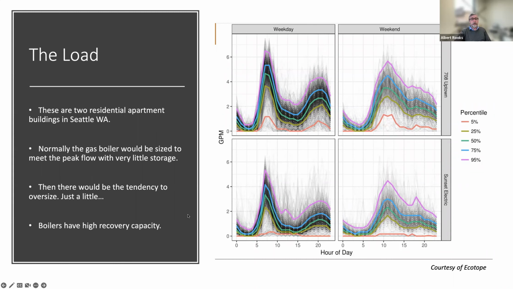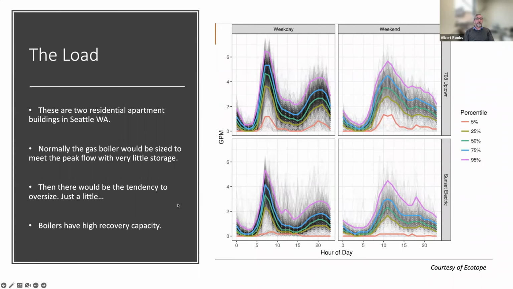It looks like a load path where we can see the top two areas in this graph are weekday mornings. That big peak is a morning where everyone's up and showering. Then the usage goes down as everybody leaves the building and goes off to whatever they're doing during the day.